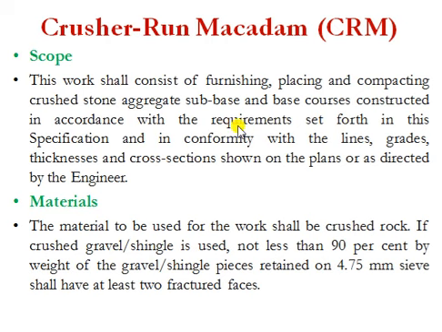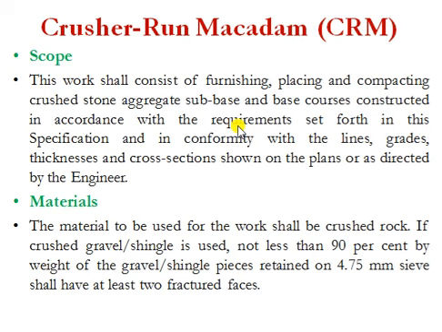So here the base or sub-base course is constructed as per the requirement for the project, or as per the specification given in the contract. The construction of base and sub-base involves proper designing of camber, slope and thickness.